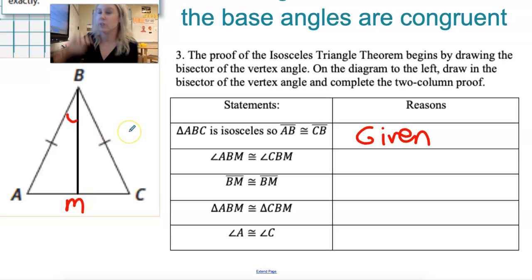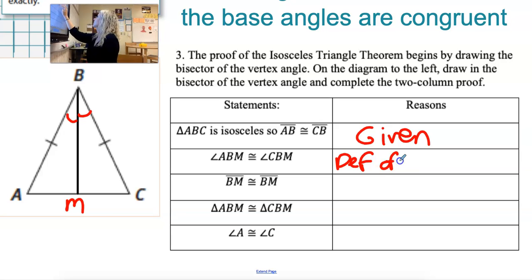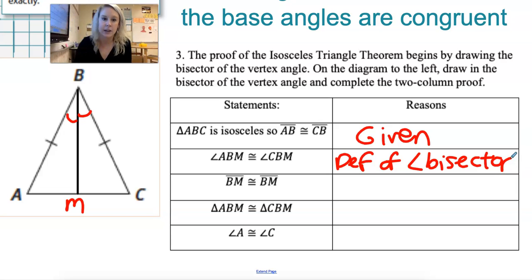The reason I know this angle is the same as this angle is we drew that bisector line, so that's the definition of an angle bisector. The reason I know that BM is congruent to BM, that mark in the middle, is the reflexive property.